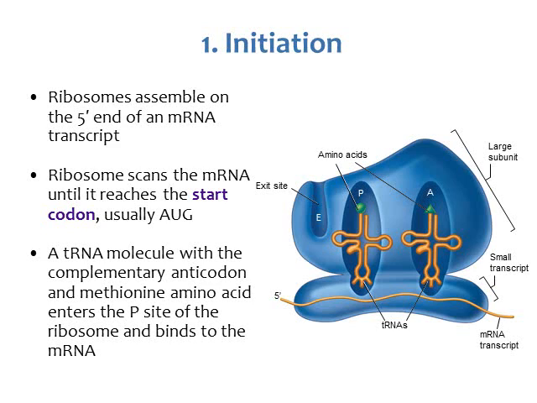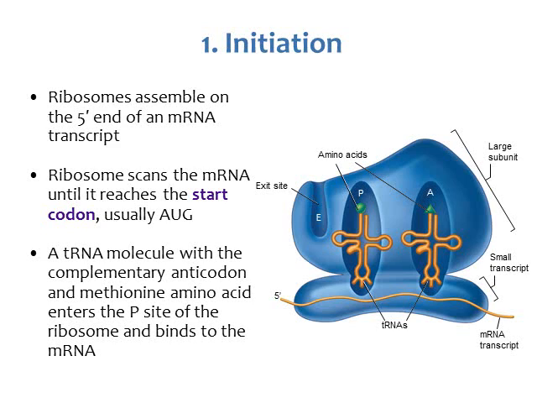So our two subunits come together and they hold the mRNA in between them. The ribosome then starts to move along the mRNA and it scans the mRNA until it reaches a start codon. And the start codon is AUG. So always look for AUG first. Don't just start with the first 3 letters on your mRNA, look for AUG and start there.